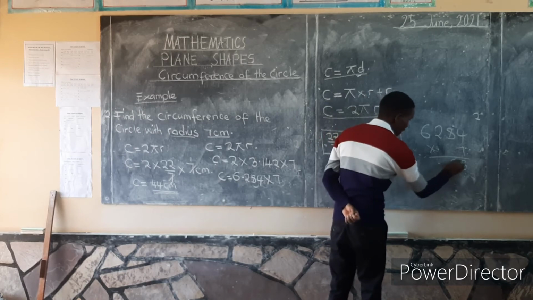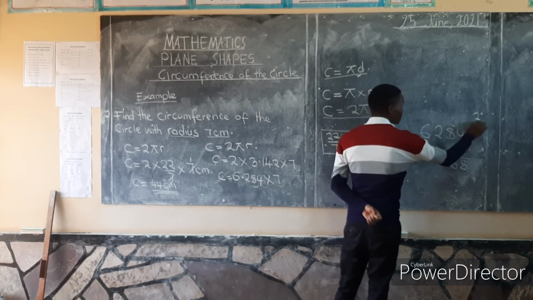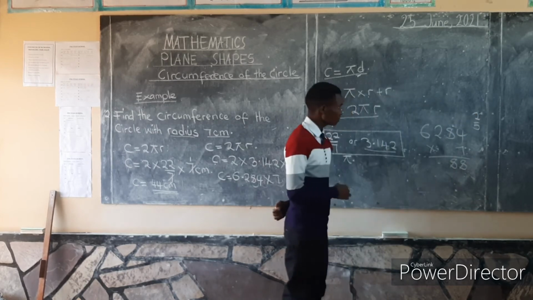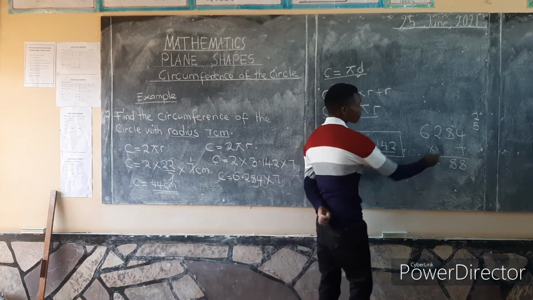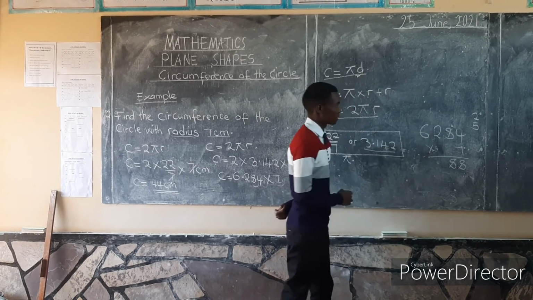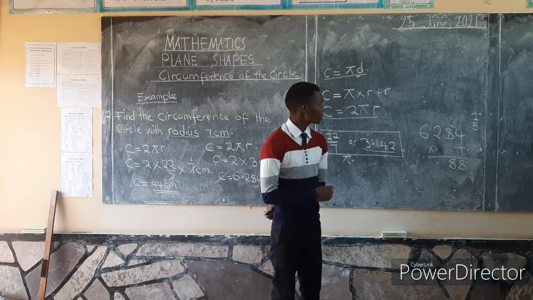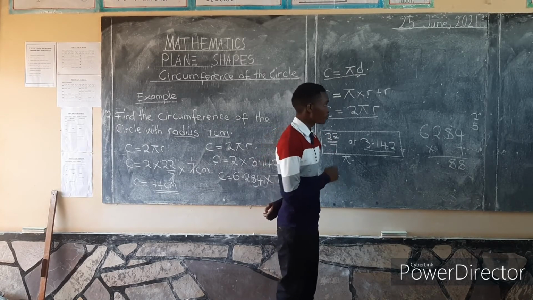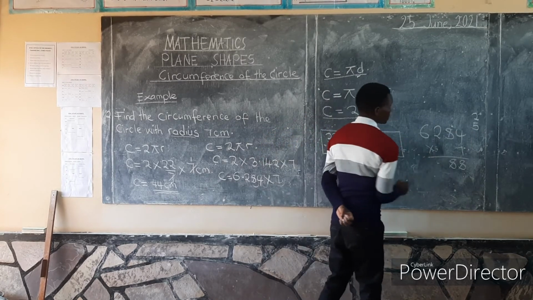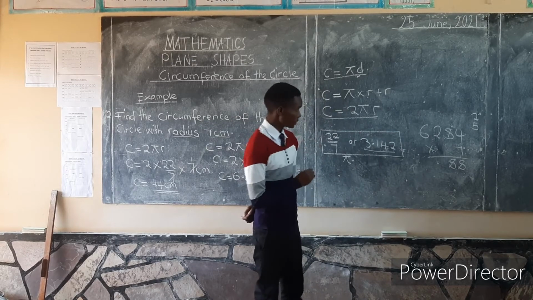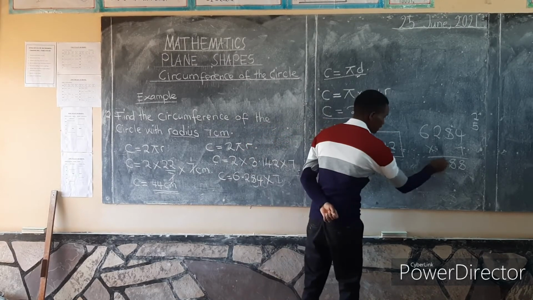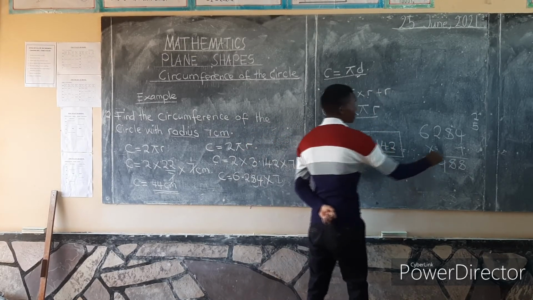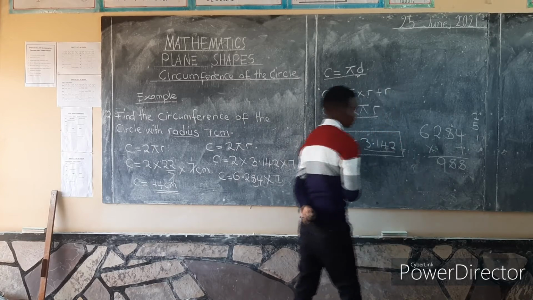So I'll write the 8 there and carry a 5. So what is now 7 times 2? 7 times 2, we are having 14. 14 plus 5, it is going to give us 19. So I'll write a 9 here and carry a 1 there.